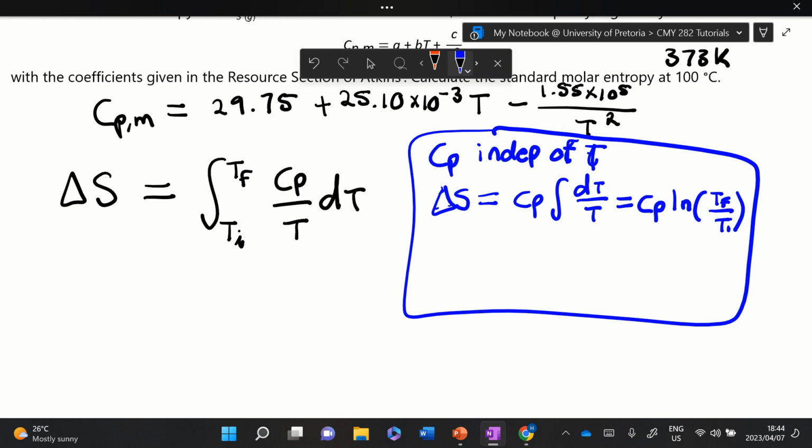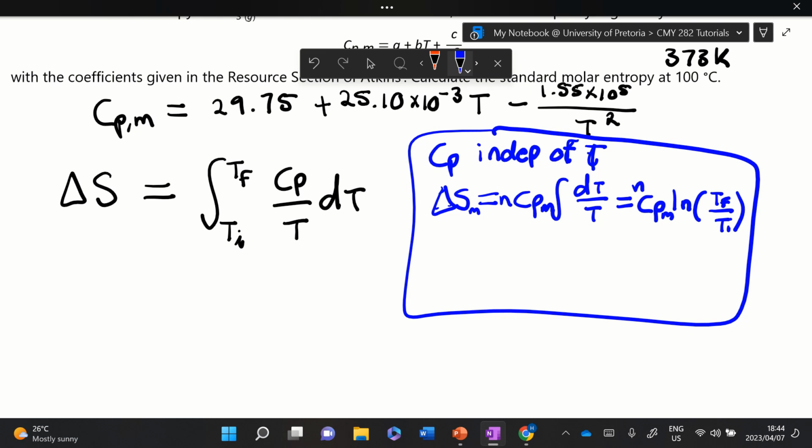And of course, if this is a molar function, then there's an n in front. So this becomes molar. That is extremely important for you to be aware of.